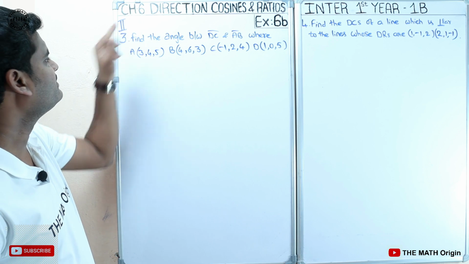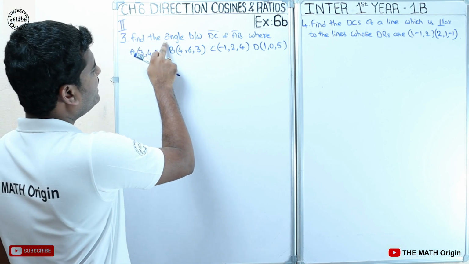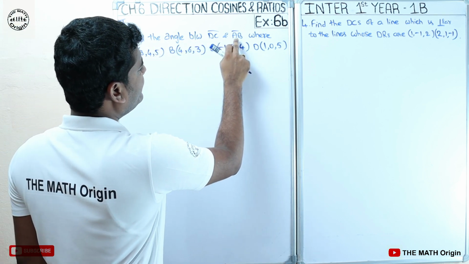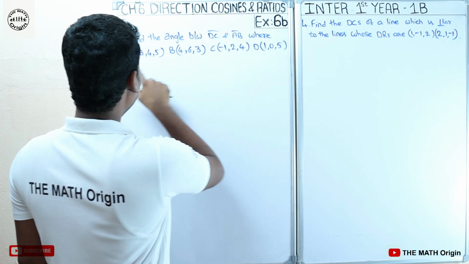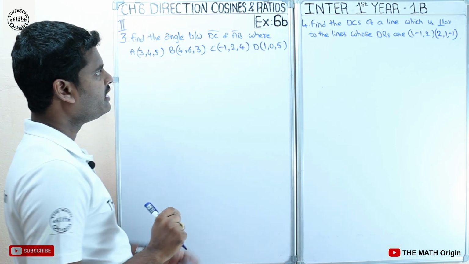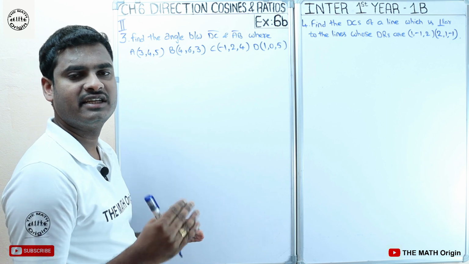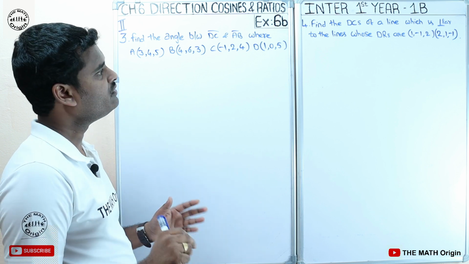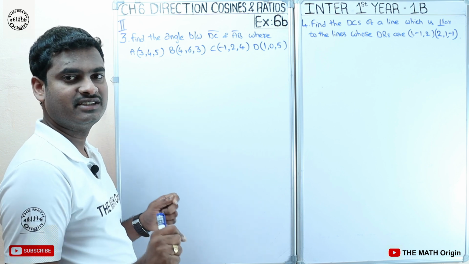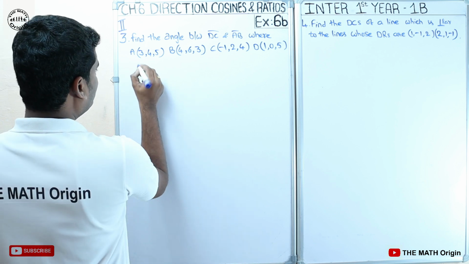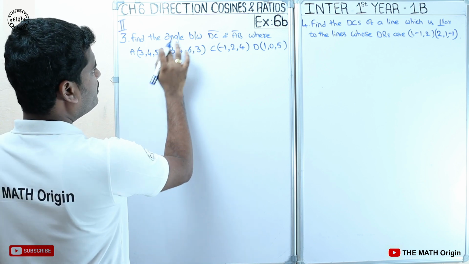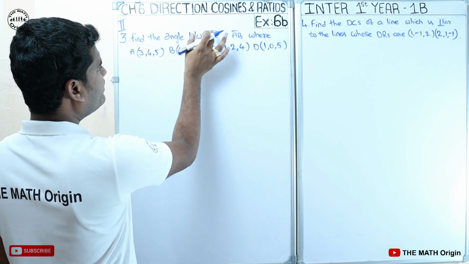Third question from the second section. Find the angle between DC and AB bar where ABCD are the given points. Here they didn't mention direction cosines or direction ratios, so we need to consider them as direction ratios. Now these are direction ratios of each point and we need to make that as a line.